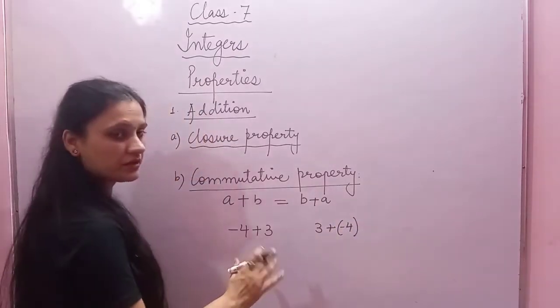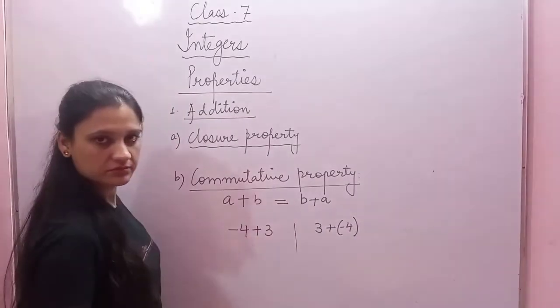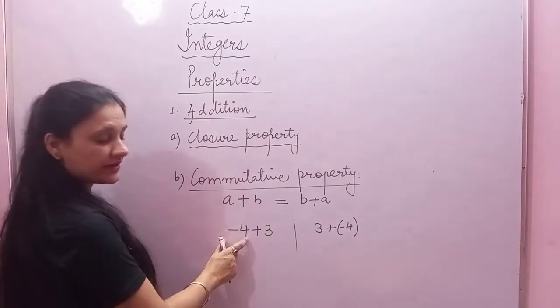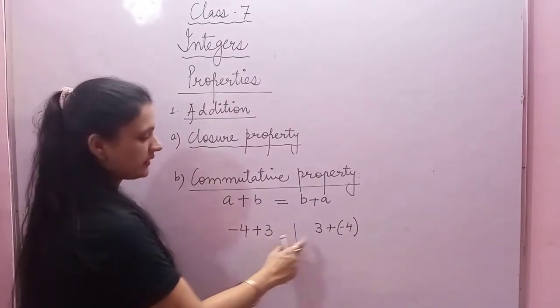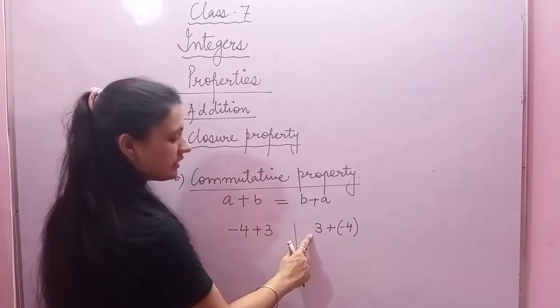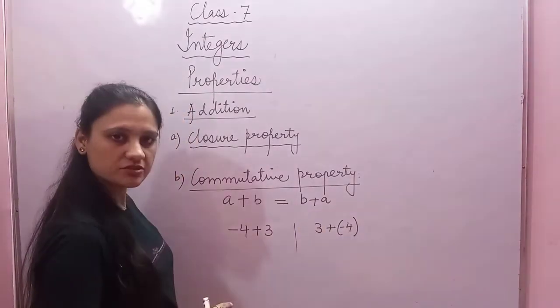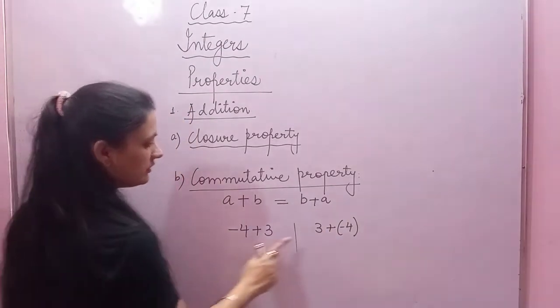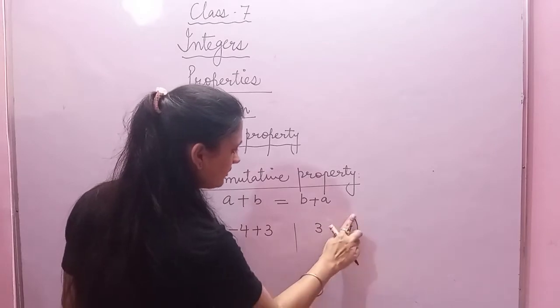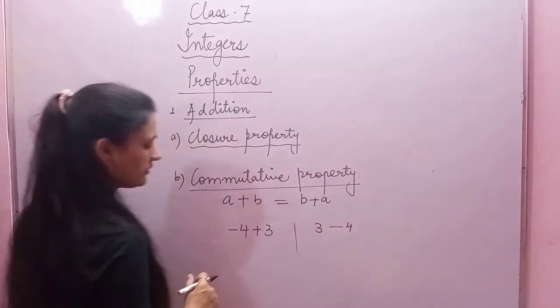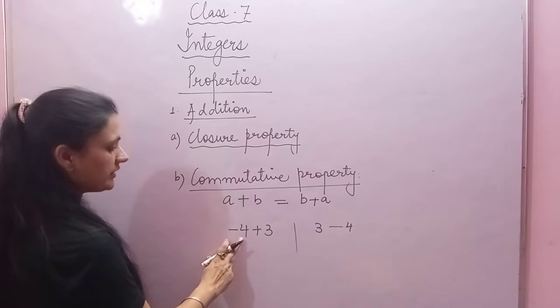What did we do here? We have changed the order, right? First -4 was written, then 3. Now we have changed the order: 3 comes first and then -4. So what should I write down here?